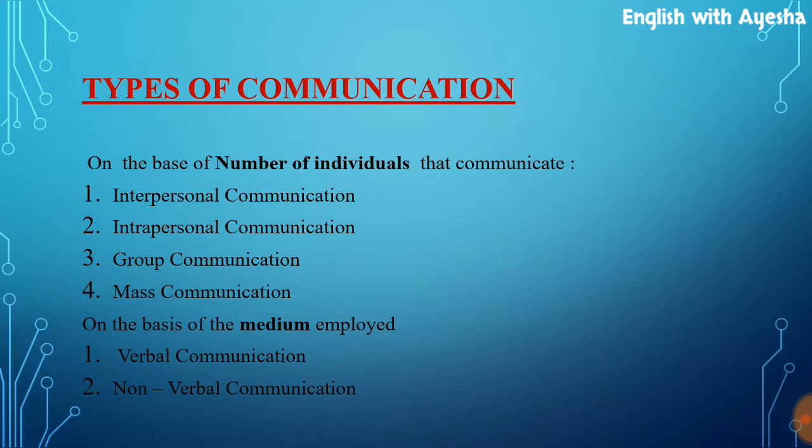The first category is on the basis of number of individuals that communicate: interpersonal communication, intrapersonal communication, group communication, and mass communication. The second category is on the basis of medium employed, which includes verbal communication and non-verbal communication.